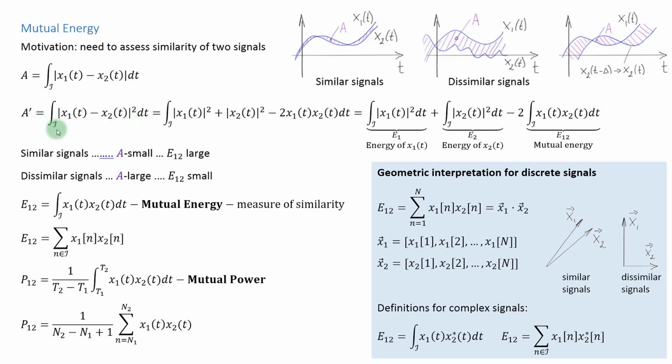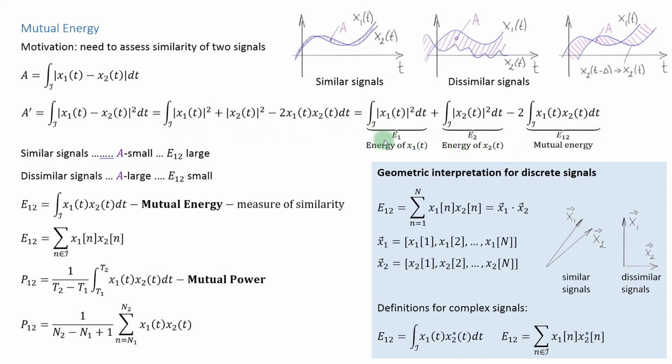Now, this is still not the final expression for the measure of similarity. To get that mutual energy which I want to get to, we need to make some alterations. So first, I will apply this square, which, at least for real signals, will give me this. Here, I will apply this integral to these individual summands. That will give me this.